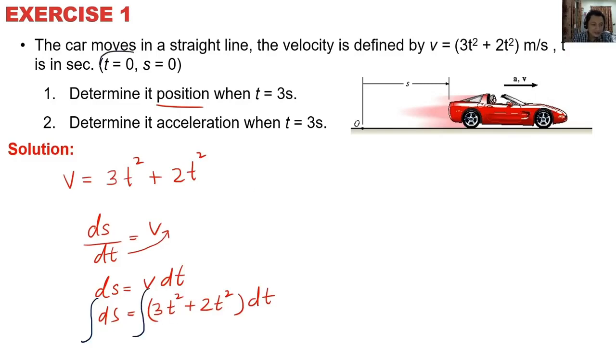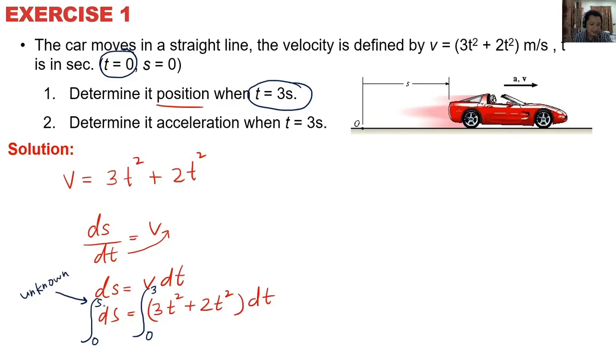Originally time is equal to 0, final time is 3 seconds. So you plug in. Originally 0, final is 3. Original displacement is 0, final displacement is unknown. So when you do integration, there has to be one unknown.